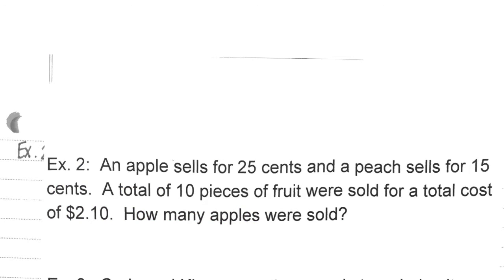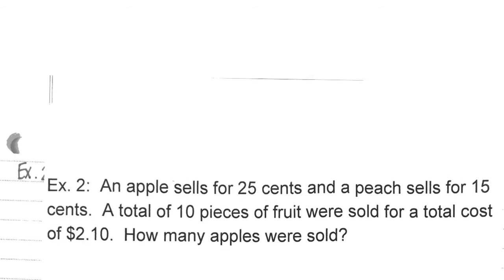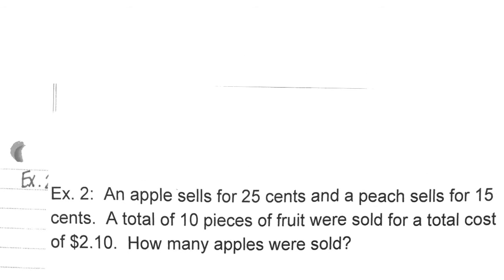If you do, extra high five for you, but I'm not too picky about that. All right, next question. It's on the bottom of your screen. It says an apple sells for 25 cents and a peach sells for 15 cents. A total of 10 pieces of fruit were sold for a total cost of $2.10. So the first thing I'm going to do is set up a chart.